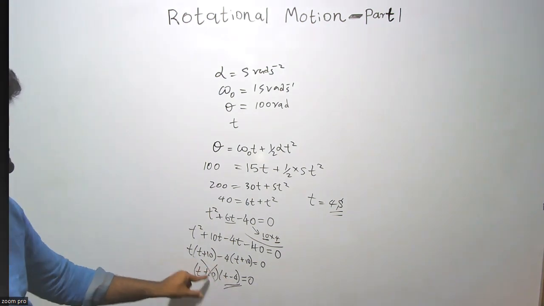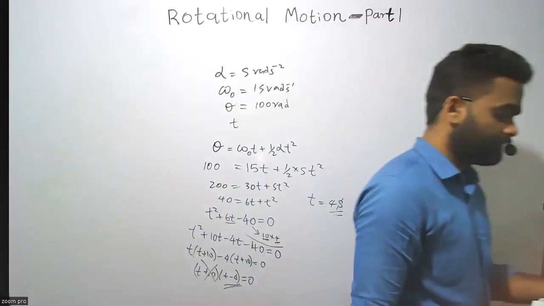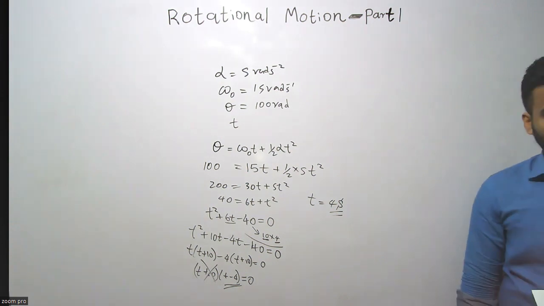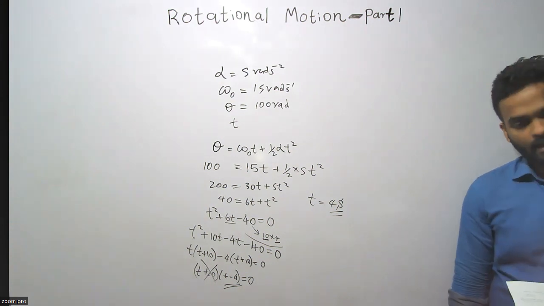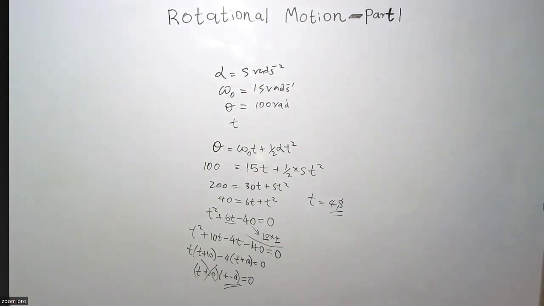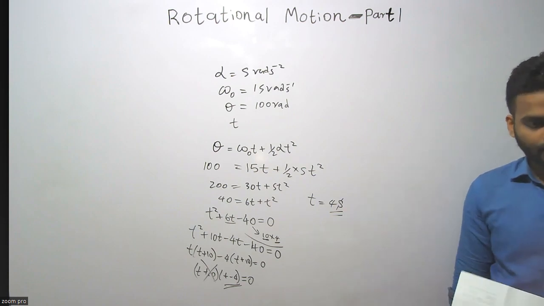So you can reject this answer and take the time as 4 seconds. So the third one is the answer. You can send me the answers in the chat box, right? Time is 4 seconds there. Okay, take it down, and those who already got the answer, try the fifth question.